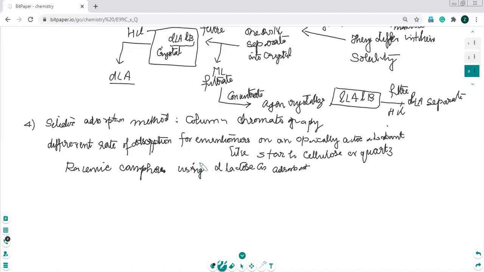Okay. Now let us look at the configuration of these compounds. How will you name them? Say, for example, see here. Let us consider lactic acid itself.